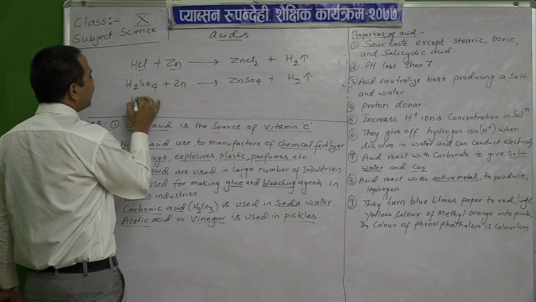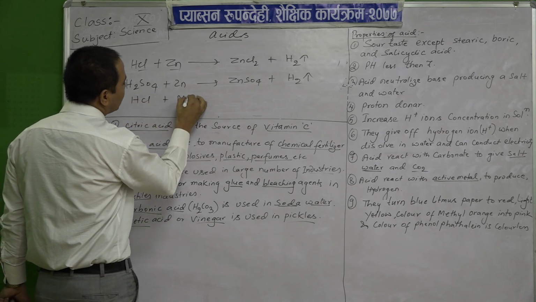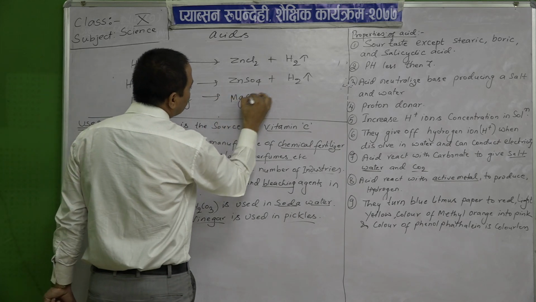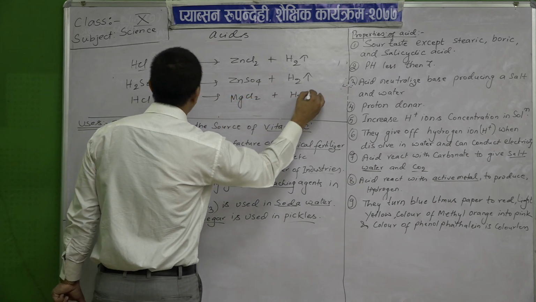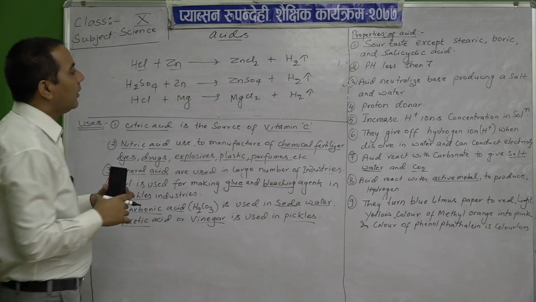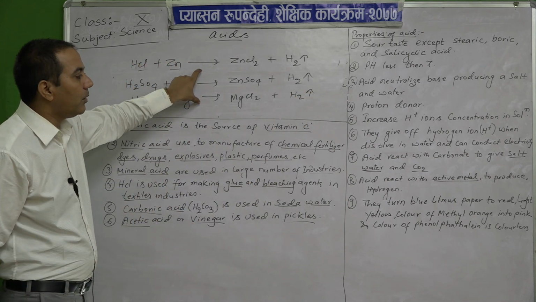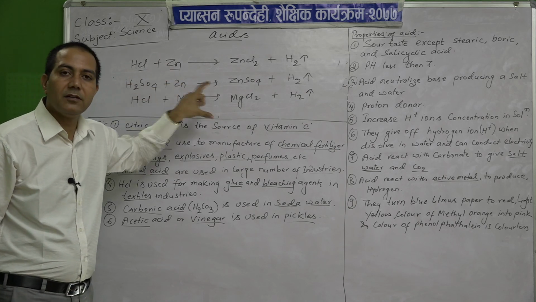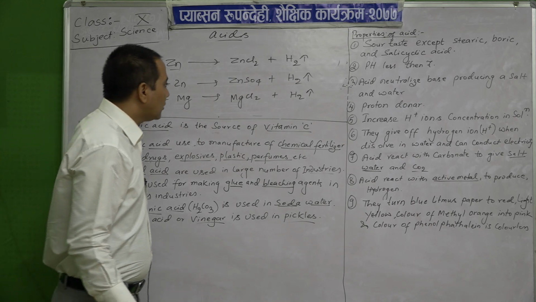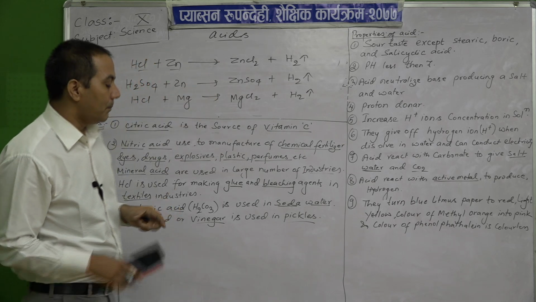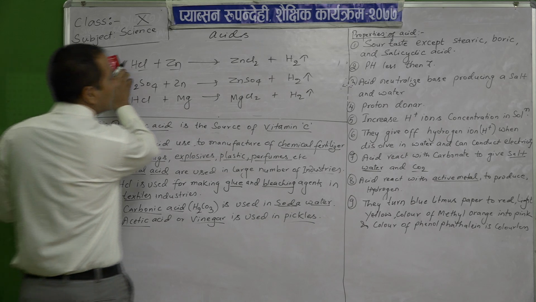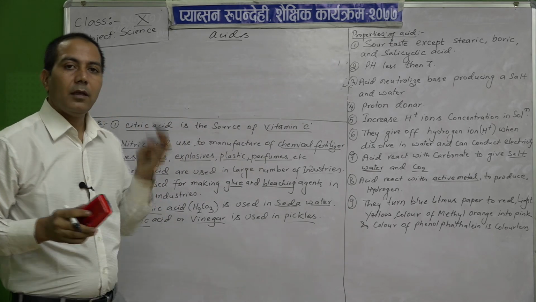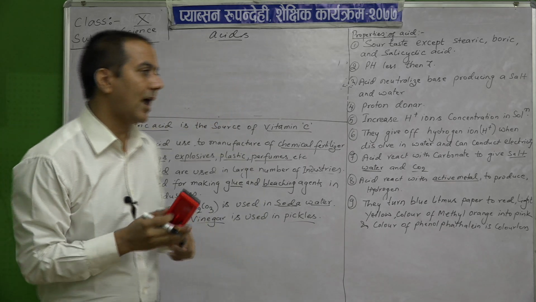Let us take another example, HCl plus Mg, magnesium. MgCl2 plus H2. I am not balancing the equation. I am only trying to make you understand what will happen when zinc or metals react with acids. So that means when metal reacts with acid, it will produce hydrogen.